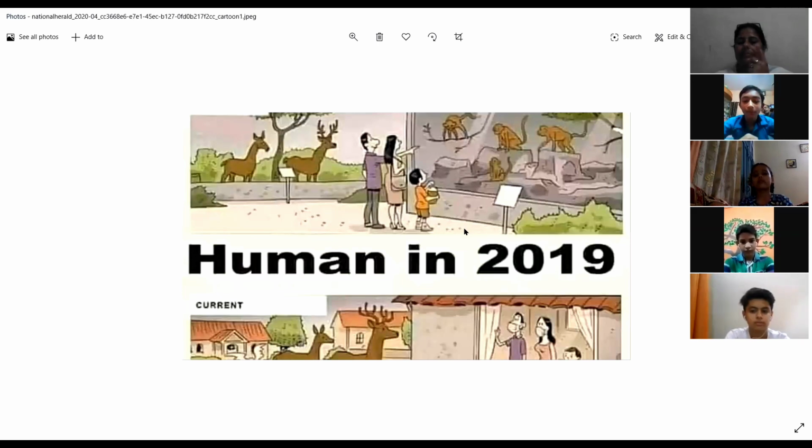But we have seen a lot of news on TV as well as in newspapers that animals have come down to the streets as there is no transport, no people in the streets. They can wander through the streets freely. The scenario from 2019 to 2020 has changed fully.